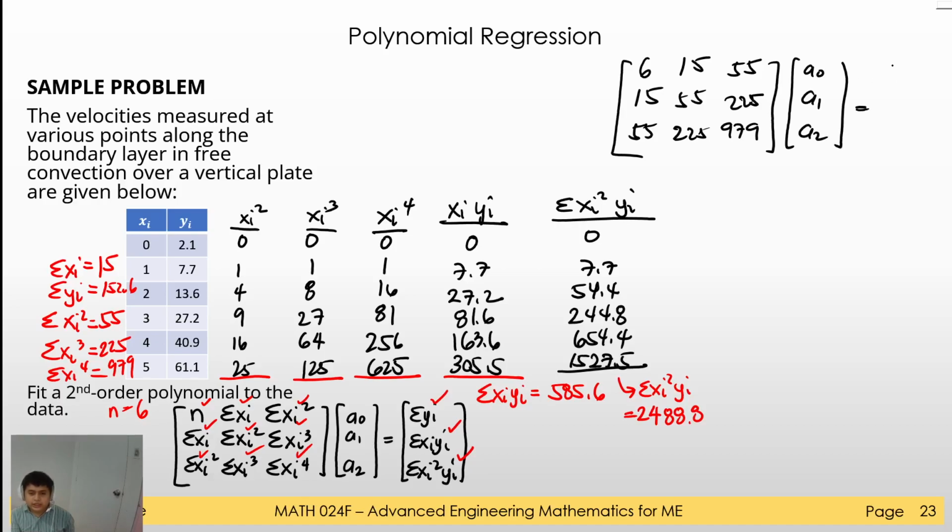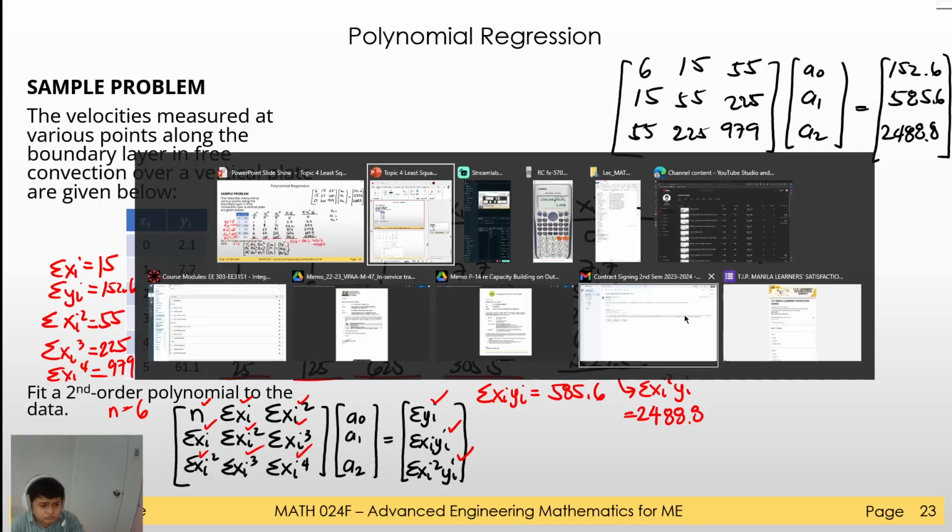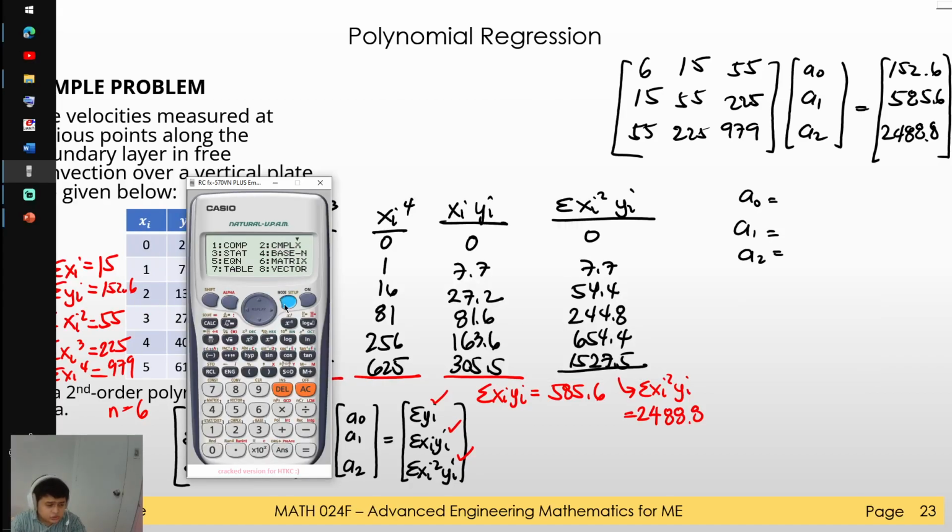And then for the right hand side, we have the summation of yi, 152.6, then 585.6, and 2488.8. Solving this using your calculator, you can get the values of a naught, a1, and a2. Mode 5, 2.